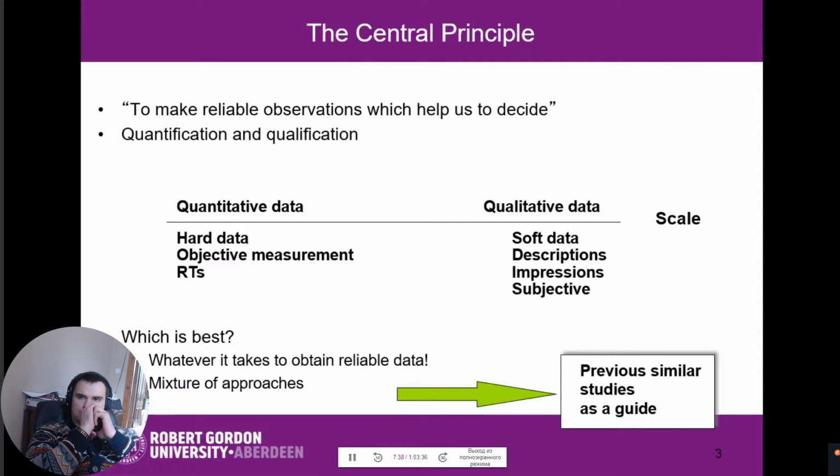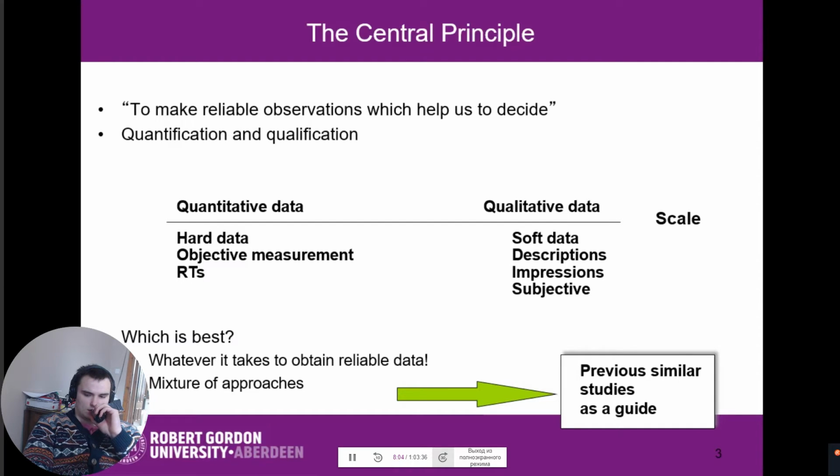So this is often quantitative data, often referred to as hard data, objective measurements, and RTs stands for reaction times. It's probably the most classic example of a hard measure here, okay? And then you've got soft data, and that's descriptions, impressions, subjective, and so on.